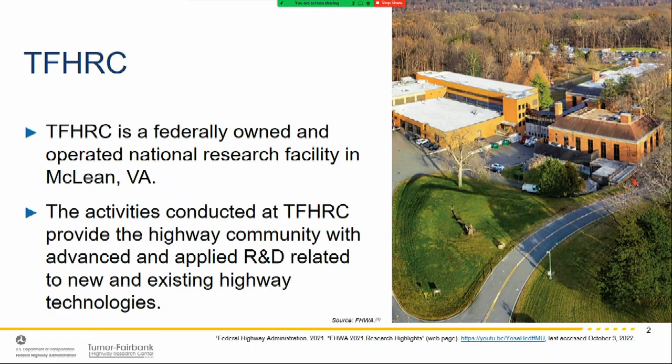If you're not familiar, Turner Fairbank is a federally owned and operated research facility in McLean, Virginia. We're located just across the Potomac River, right next to the CIA. What I think is important is that it's a federally owned facility. We own the buildings, we own the campus, and that provides us a unique opportunity to adapt to the research.